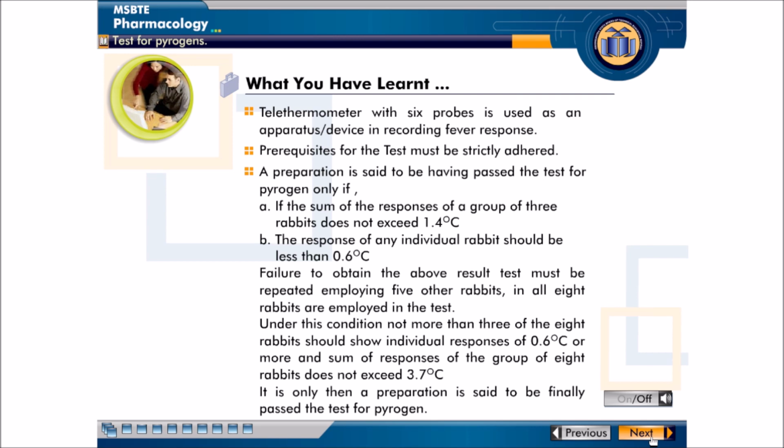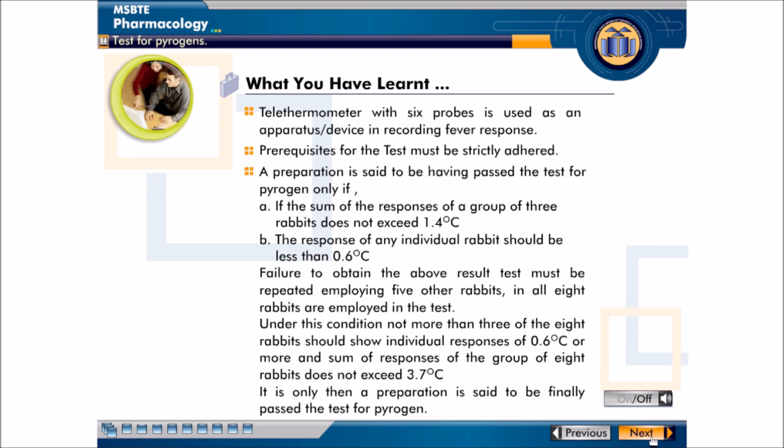A preparation is said to have passed the test for pyrogen only if the sum of responses of a group of 3 rabbits does not exceed 1.4 degrees Celsius and the response of any individual rabbit is less than 0.6 degrees Celsius. Failing to obtain the above result, the test must be repeated employing 5 other rabbits.